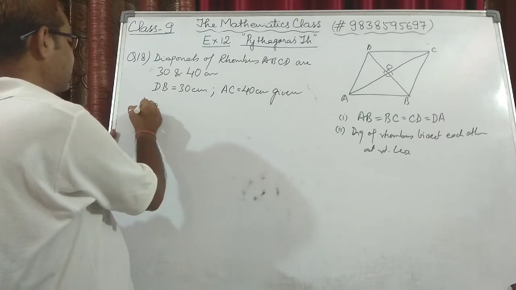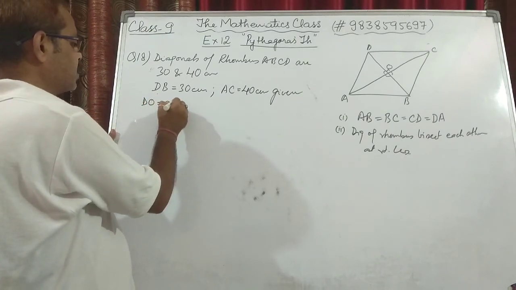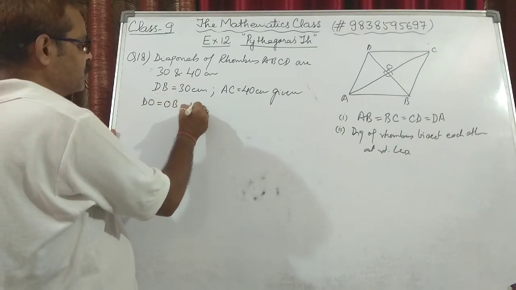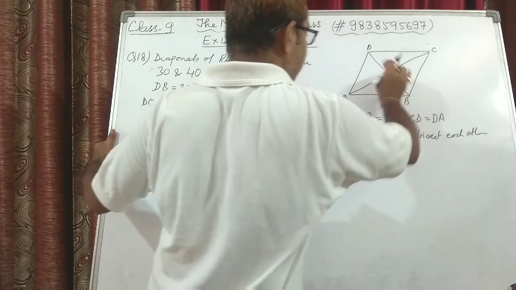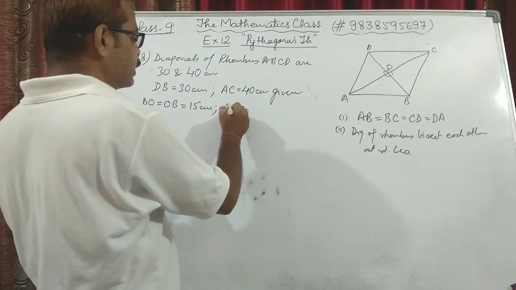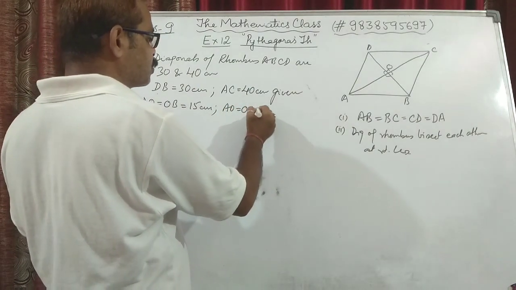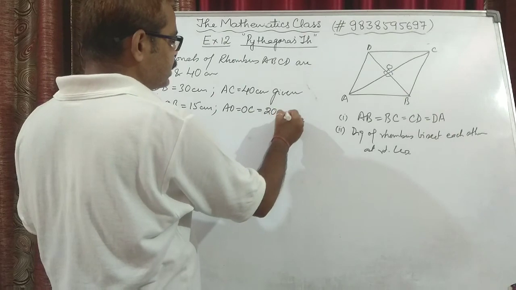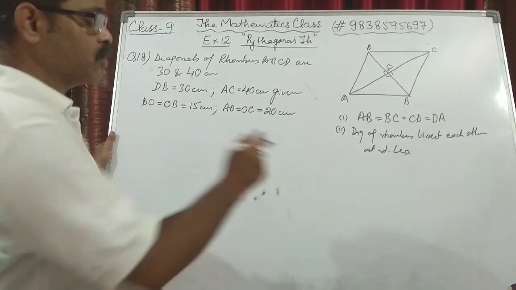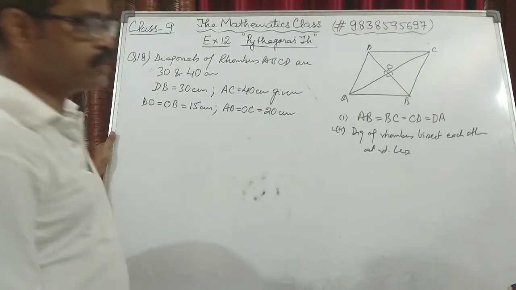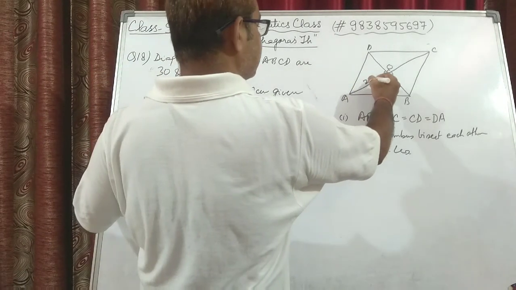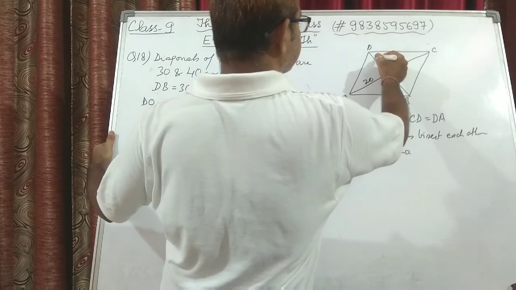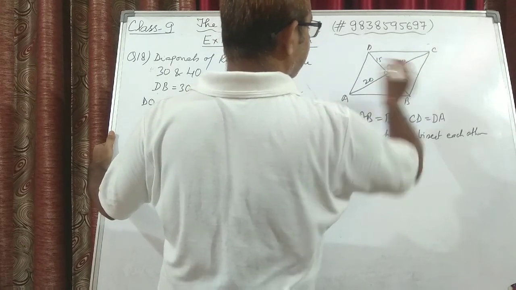So we can say DO is equal to OB is equal to 15 centimeter. Similarly, AC is also bisected at point O. So we can say AO is equal to OC is equal to 20 centimeter. Why? Because of this property that diagonals of rhombus bisect each other. It means this is 20, this is 20, this is 15 and this is 15.